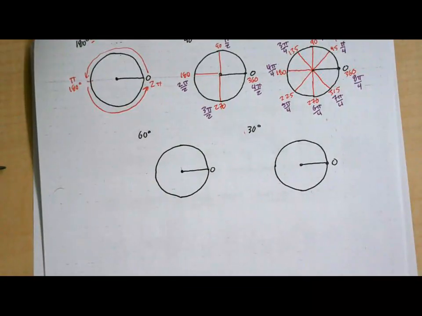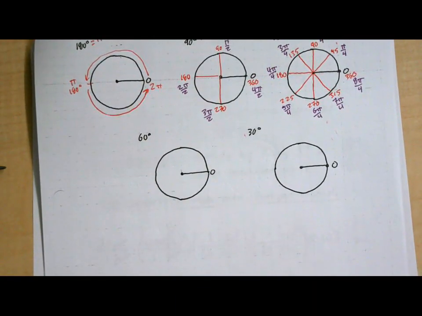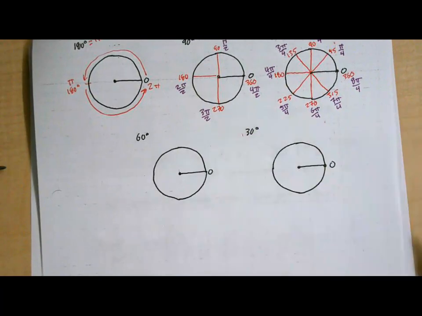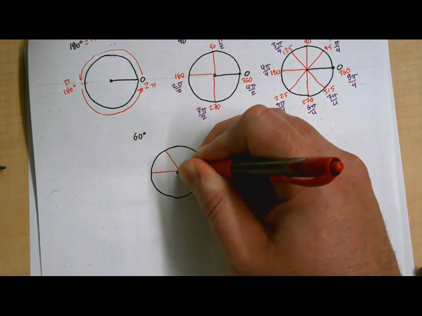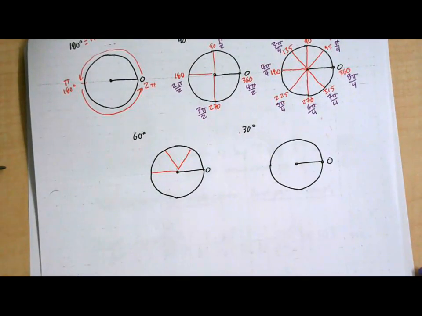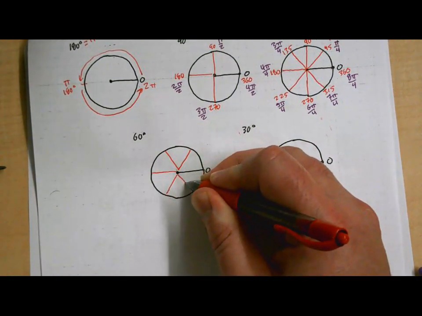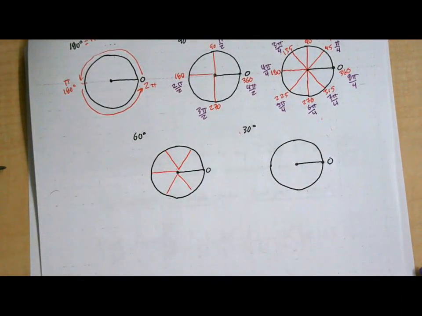All right, let's do 60s. Now, 60s are a third of a half circle. So cut your pizza in half and cut that half into thirds. And that'll get you 6 equal pieces here. And we can count by 60s.